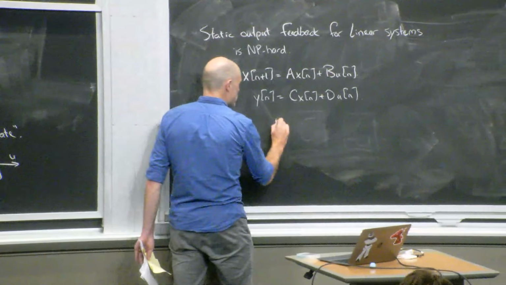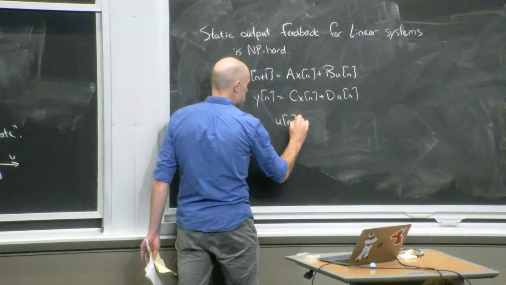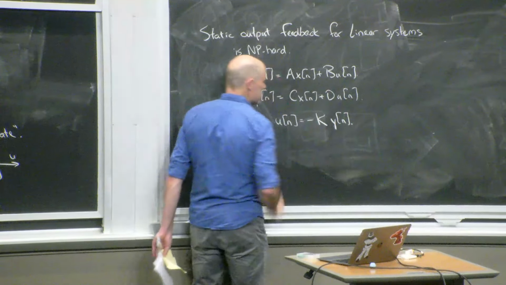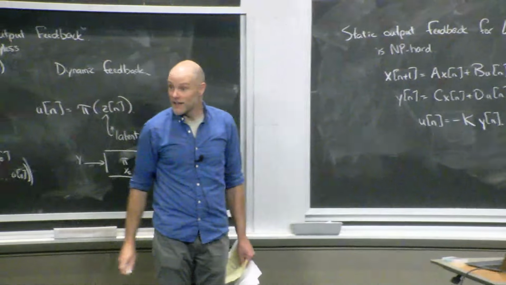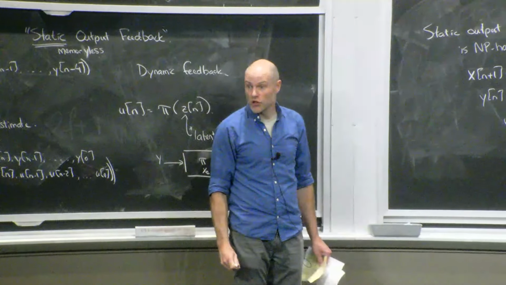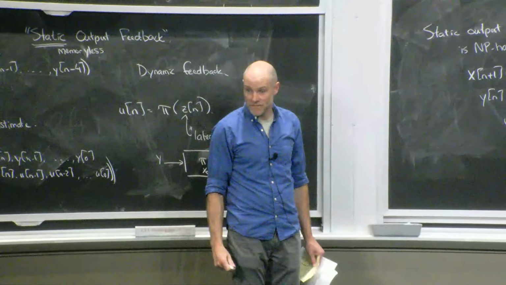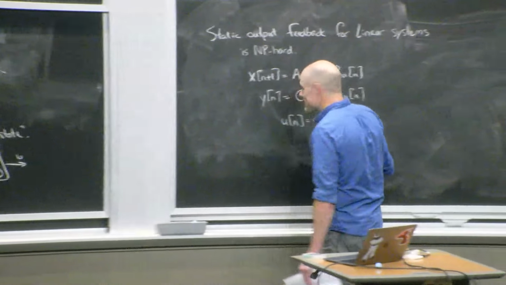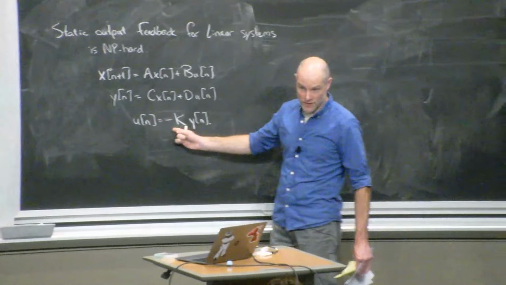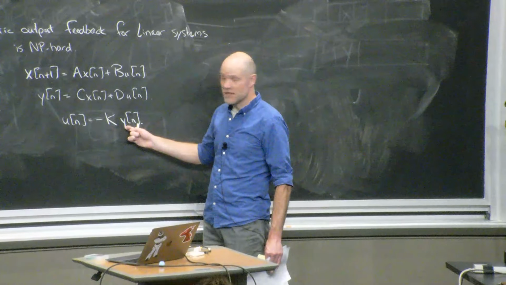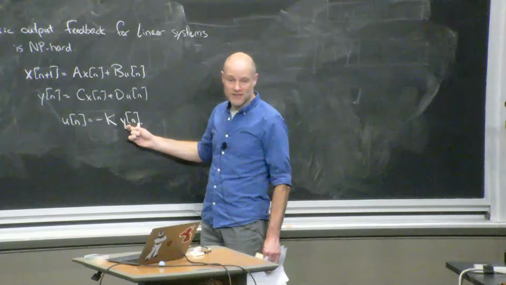And I just want to find a k that optimizes, let's say, an LQR objective. When this was negative k x, we have LQR and all kinds of good results for solving that. Suddenly when it's negative k y, it's bad.